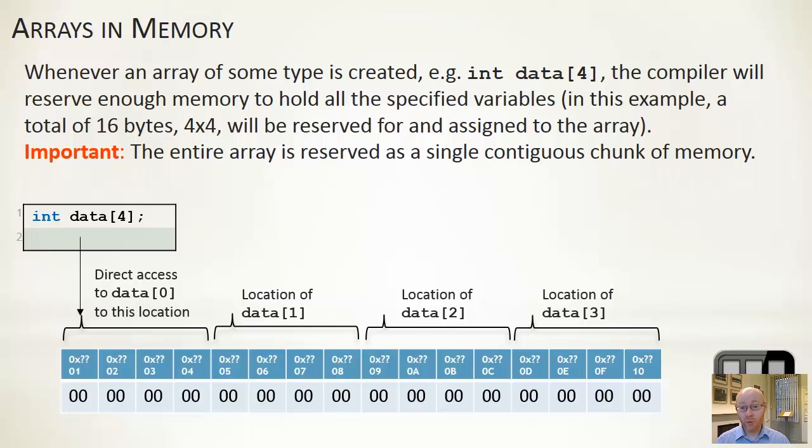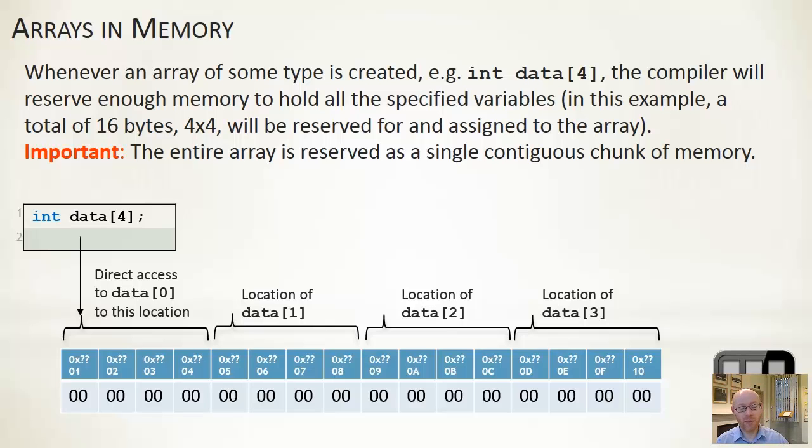Important to understand, when we're creating the array, we get a single contiguous chunk of memory. It's generally speaking not chopped up over multiple locations of memory. It's one big chunk of memory, or small chunk, depending on the size of the array. You see the example at the bottom. When we refer to data, data is an array variable in this case, and data will point to the address in memory at which this array starts.